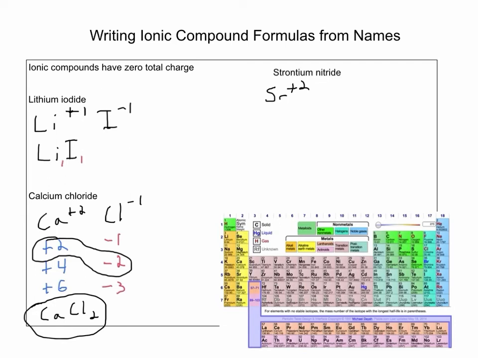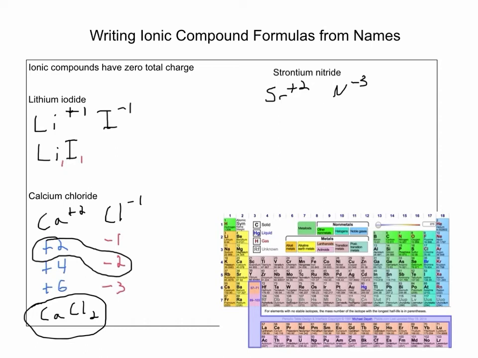Nitride is here in group 15, and all of these have a -3 charge. So we'll write the nitride ion, which is N, -3. We notice that our charges are opposite, but they are not equal. 2 and 3 are not the same. So we have to figure out what the least common multiple is.